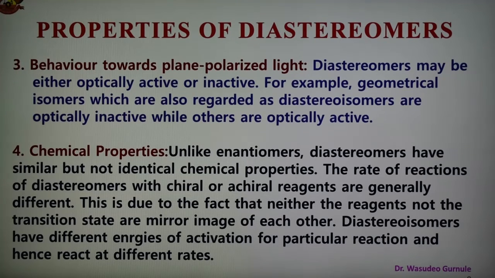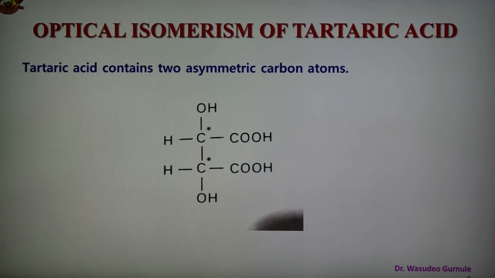Because of this, diastereomers have different energies of activation for a particular reaction, and they react at different rates. So these are the 4 properties of diastereomers we should know.